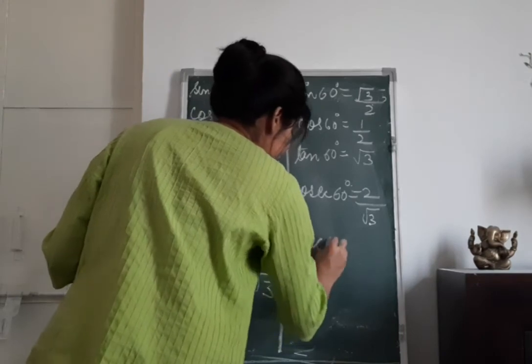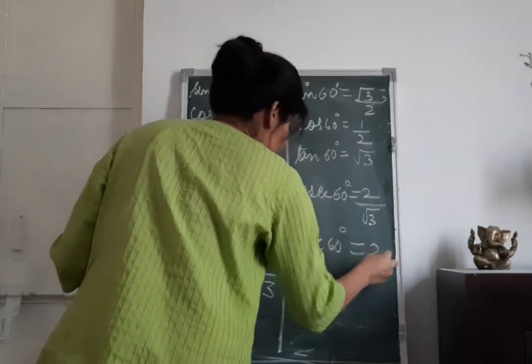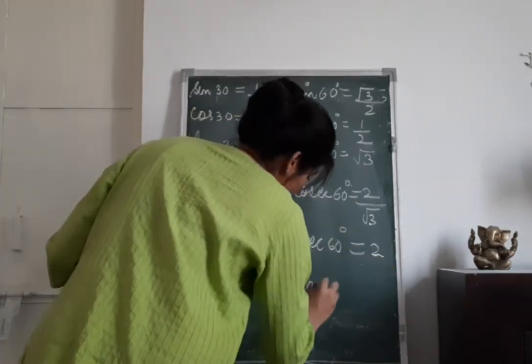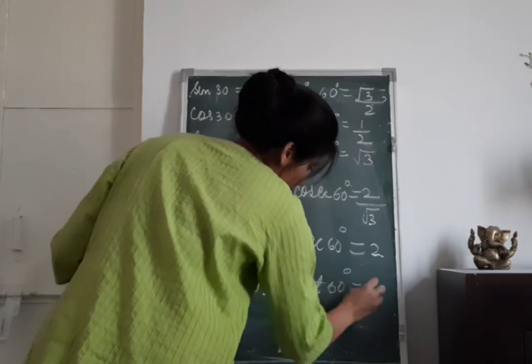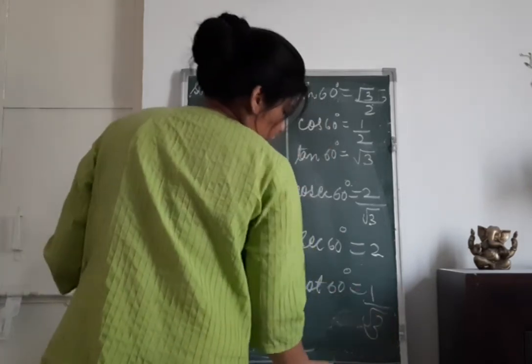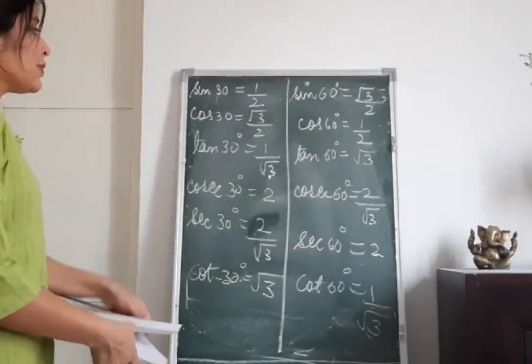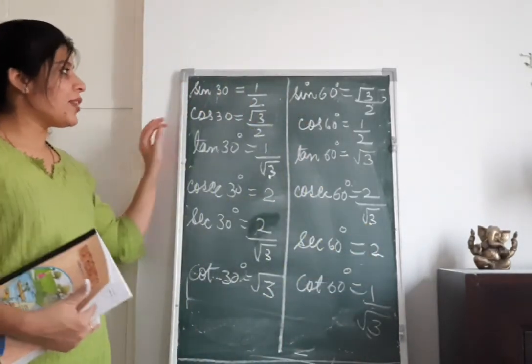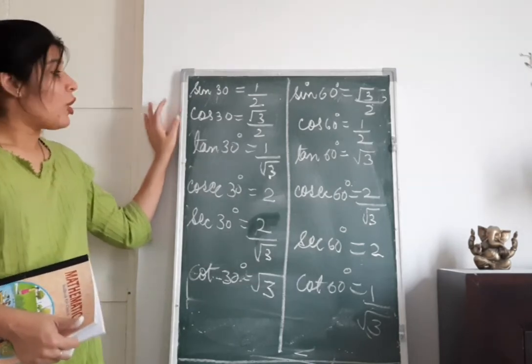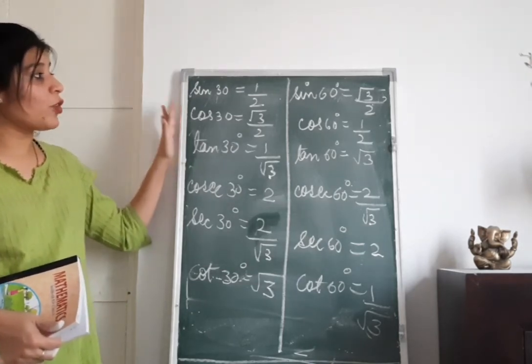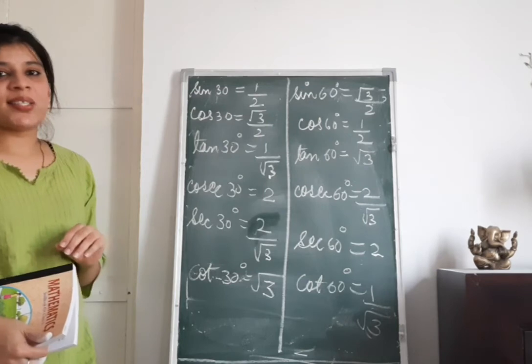Sec of 60 degrees is equal to 2, and cot of 60 degrees is equal to 1 upon root 3. So with this we have found out the values of all the trigonometric ratios for 30 degrees and 60 degrees.